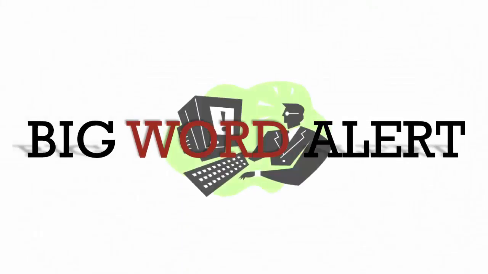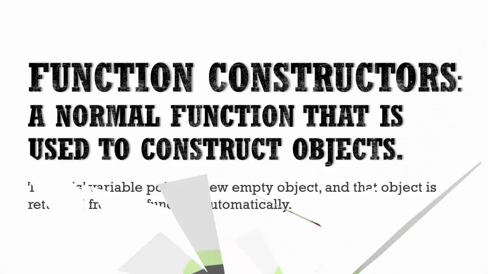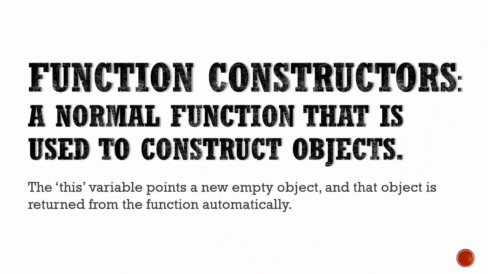So, big word alert. Function constructors. Not that complex after all. A normal function that is used to construct objects. When you put that new keyword in front of a function call, the this variable, which is created during the creation phase of the execution context, points to a brand new empty object.